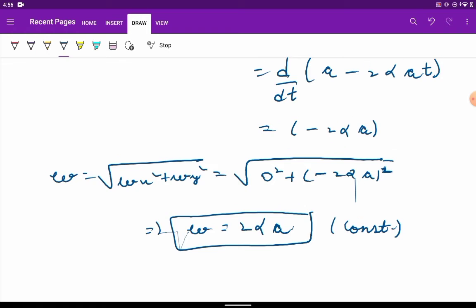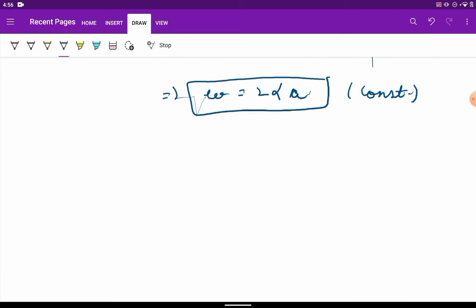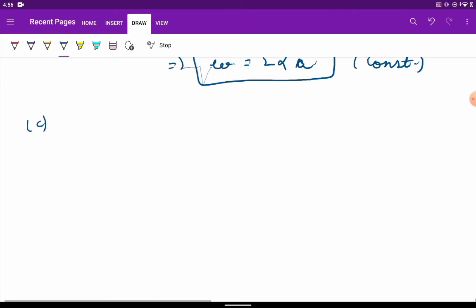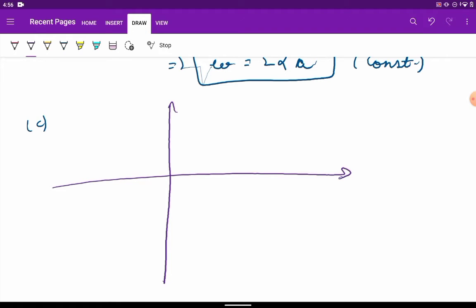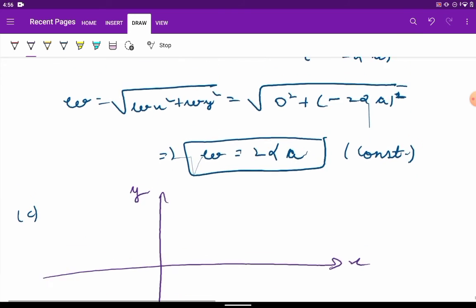Now in the C part, you need to find the time at which the velocity and acceleration vectors are at an angle of pi by 4. Let's plot the directions. Let's say this is your coordinate space x, y. Let's start with the easy one.